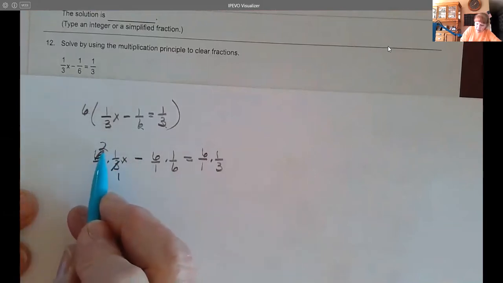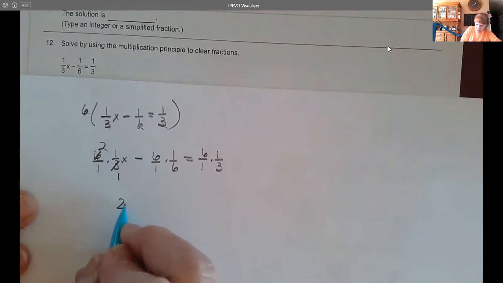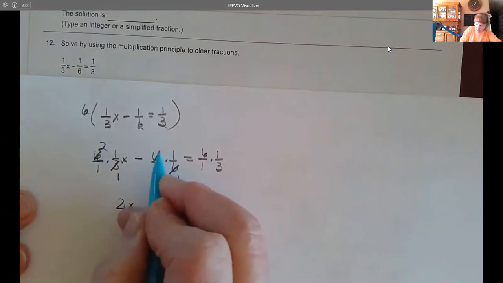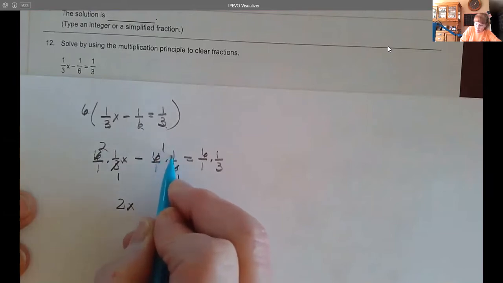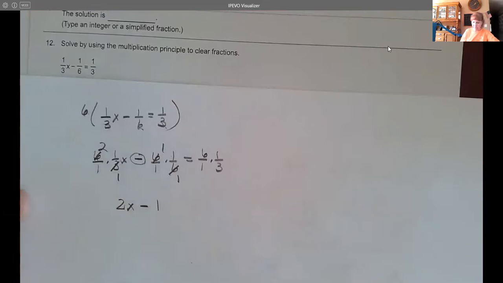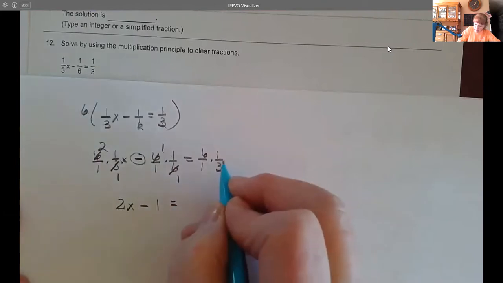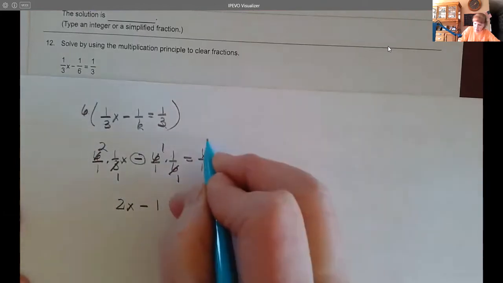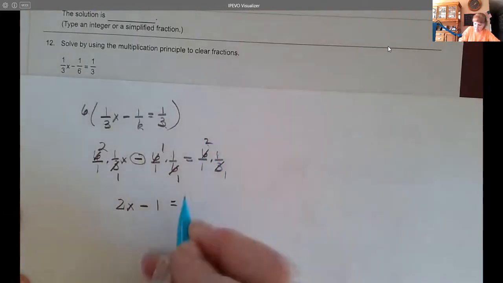So you end up with 2 times 1 is 2x. Don't forget your x. 1 times 1 is 1. You still have that subtraction. So you get 1. And equals, 3 goes into there once, twice. 2 times 1 is 2.